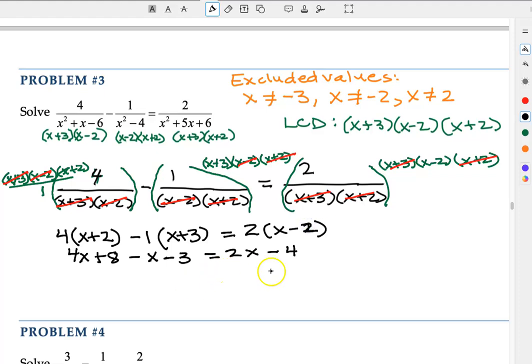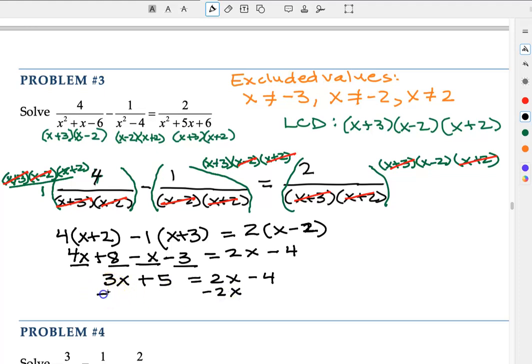All right, and now let's get our x's on one side and our whole numbers on the other side, but let's combine some like terms first. So 4x minus x is 3x. 8 minus 3 is 5. And then I'll keep that as 2x minus 4.